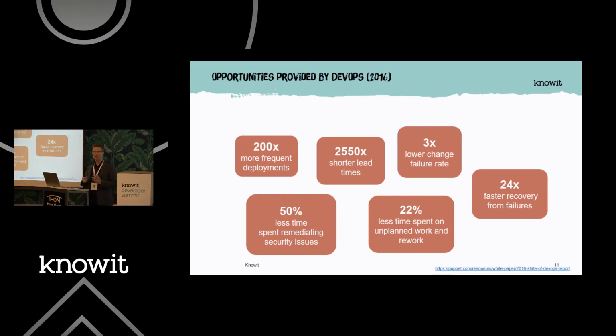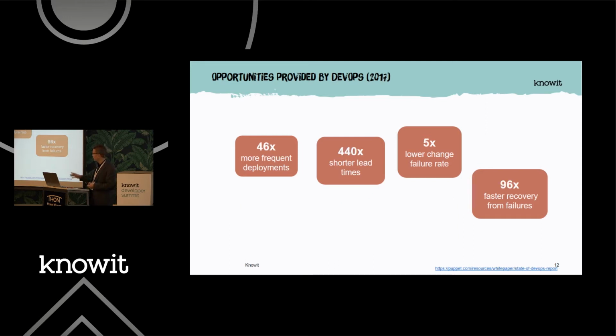So very good numbers. Now, if we compare these numbers to last year's study, 2017, you'll notice the numbers are still impressive. They are a little bit smaller because I guess the reason is that lots of the respondents have been in the study for many years, and this year it's the same respondents, so they don't experience that big growth anymore because they are already in DevOps, and now they are just doing more and more of it and getting better and better at it.